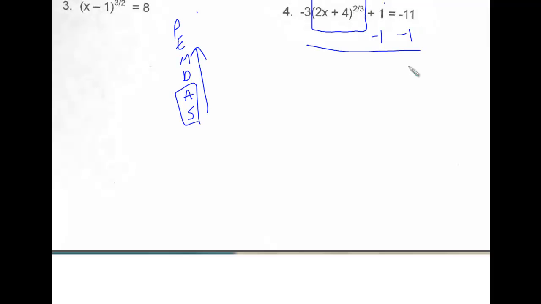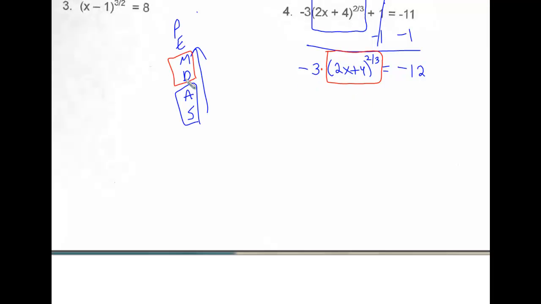Negative 11 and negative 1 becomes a negative 12. Because we combine like terms, we add and keep the sign. The 1's cancel, and now I'm left with negative 3 times 2x plus 4 raised to the 2/3 power. Let's box off our base and our power again.